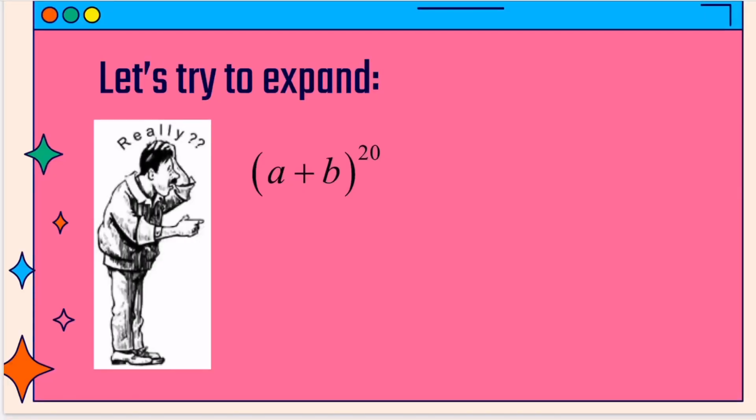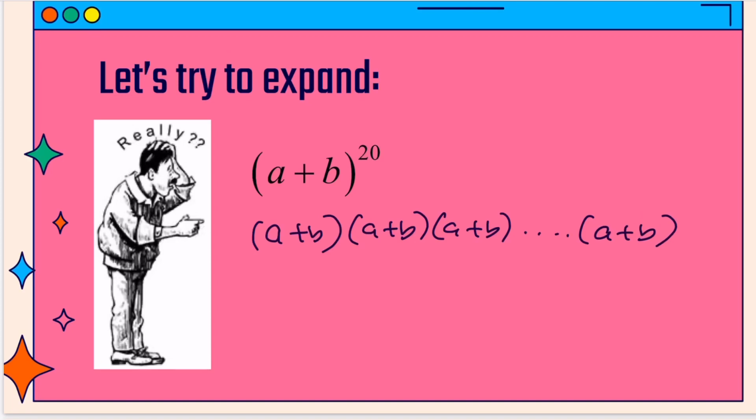If you were asked to expand a plus b to the power of 20, you will need to multiply a plus b itself 20 times. This could take forever. Well, at least quite a while. Is there any easier way to get this expansion? Let's investigate.